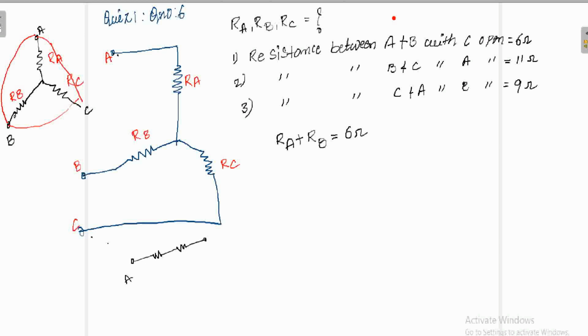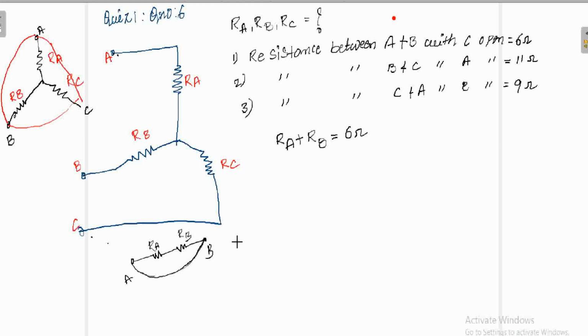This is point A, this is point B, this is your RA and this is your RB. There is no C, only two branches remain. So the equivalent resistance between A and B becomes RA plus RB.